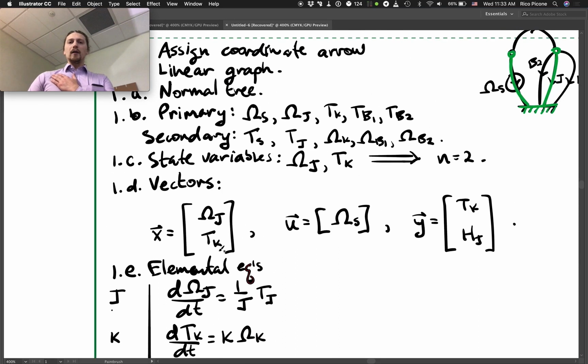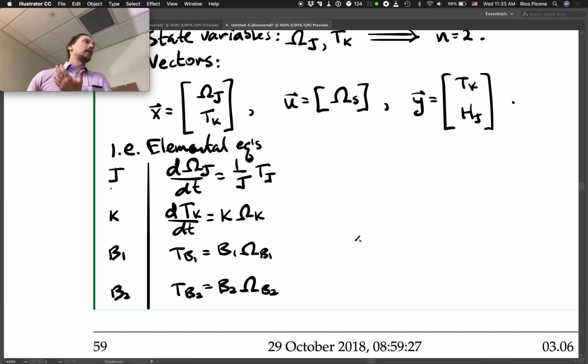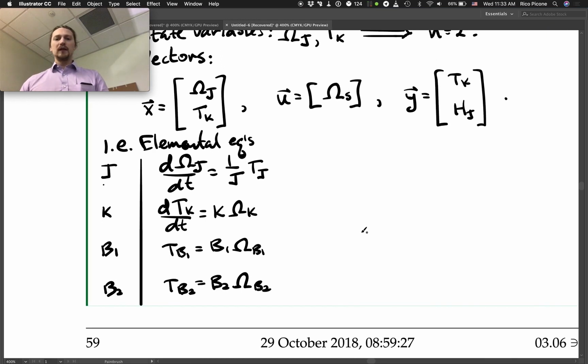And for the B1 and B2 equations, the primary variables are the torques, right? We already have them solved for the torques, so no need to rearrange.